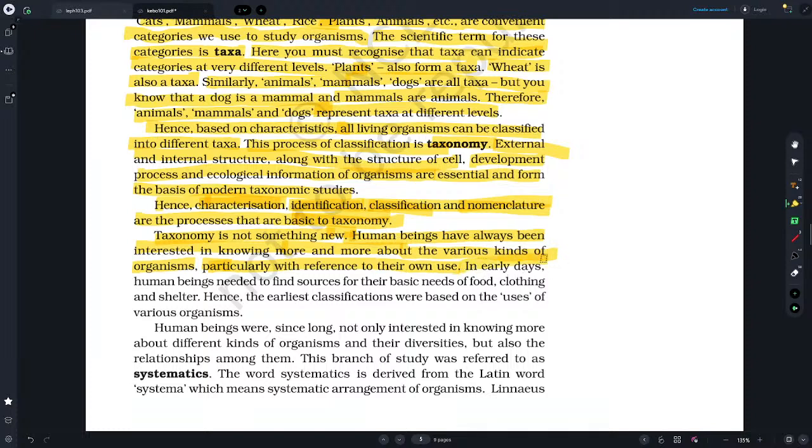In early days, human beings needed to find sources for their basic needs of food, clothing, and shelter. Hence, the earliest classifications were based on the uses of various organisms.